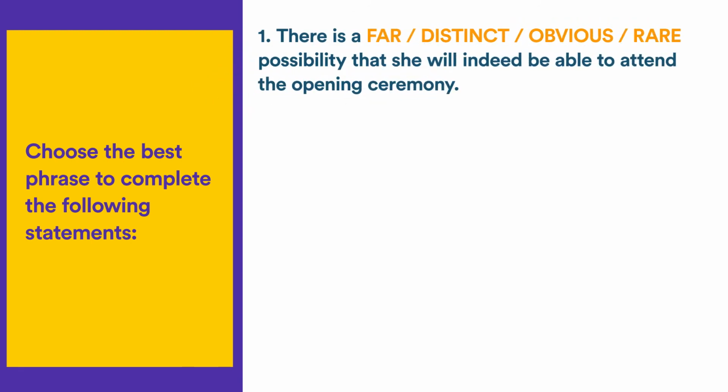There is a far, distinct, obvious, rare possibility that she will indeed be able to attend the opening ceremony. The best answer is distinct. There is a distinct possibility that she will indeed be able to attend the opening ceremony.